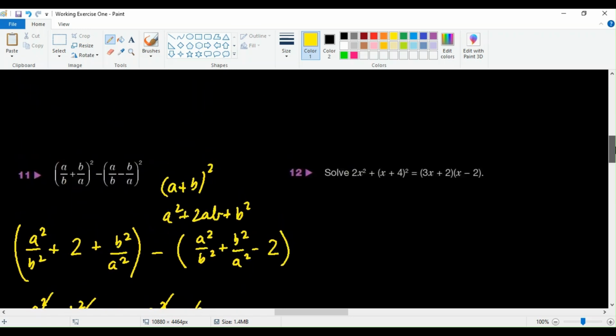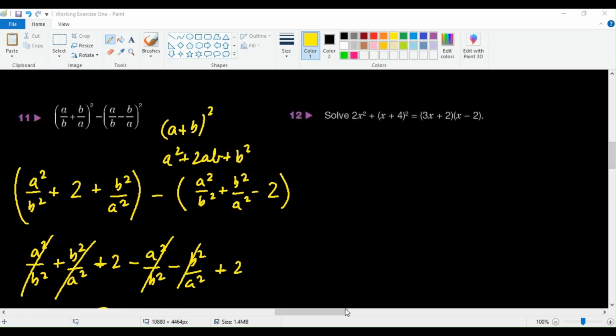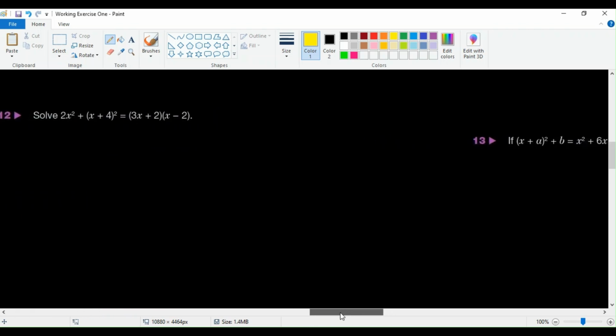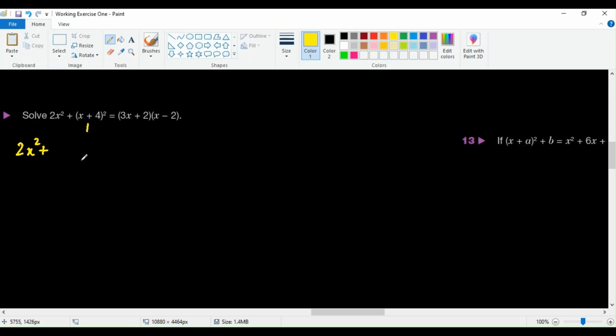Moving on to the next one, as we see over here, it is saying that 2x square plus, now we expand this bracket using a formula, same formula that we have used earlier in the question. So this is going to give us x square plus x times 4 is 4x.